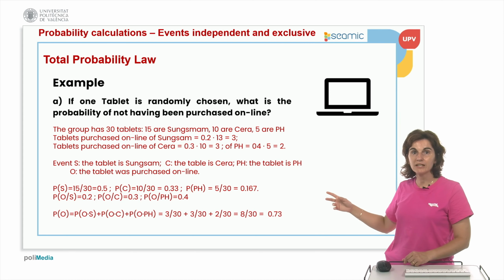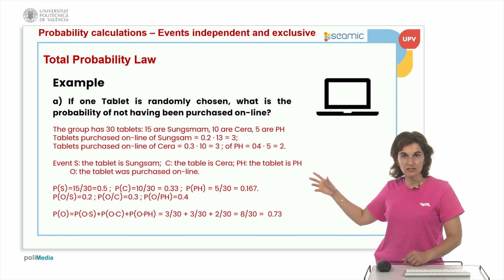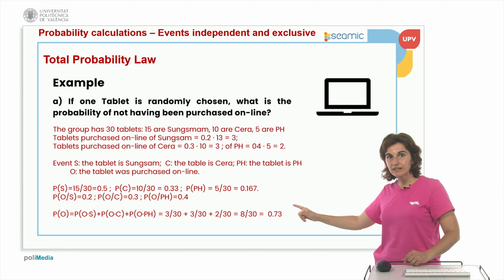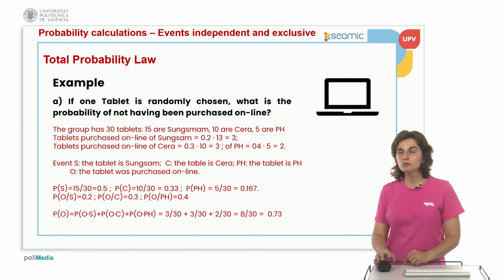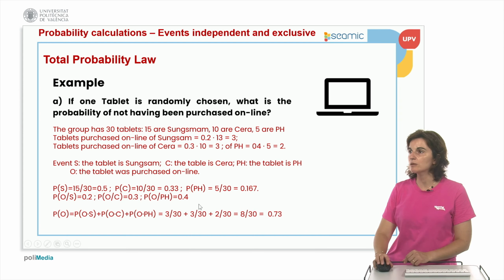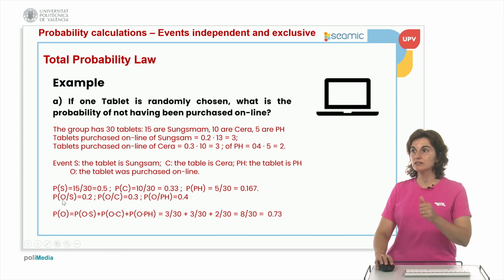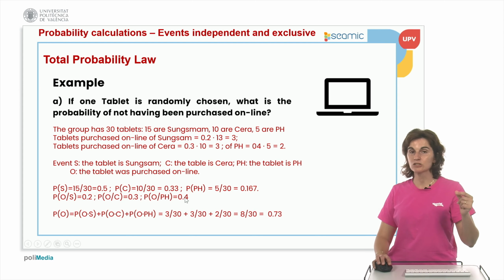And the probability of PH will be 0.167. And also in this line here that you see, these probabilities are conditional probabilities. So that's the probability of purchasing online the tablet given that it was S, Samsung. The probability of online given that it was Zira, the probability of online given that it was PH, and so on.